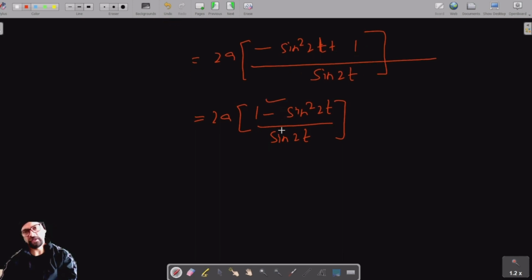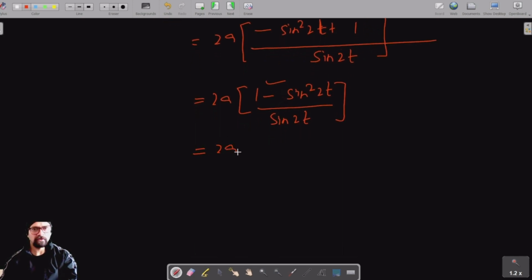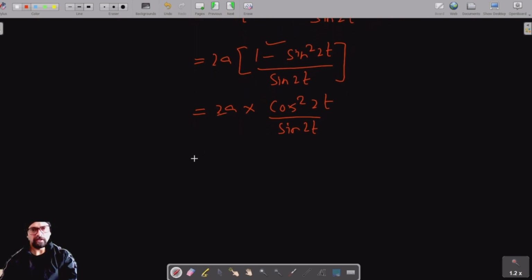Now 1 minus sine square x is cos square x. So this is cos square 2t by sine 2t. And now this can be written as cos 2t times cos upon sine, where 1 upon sine 2t is cosecant.